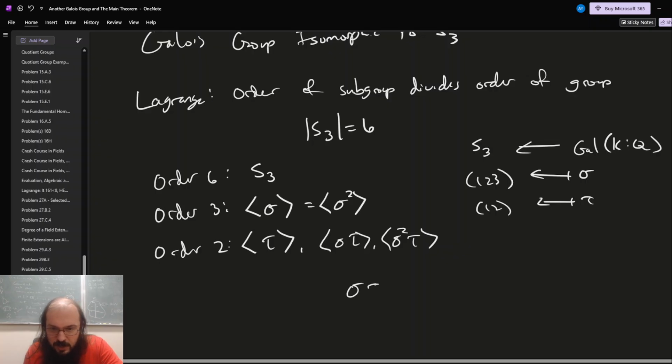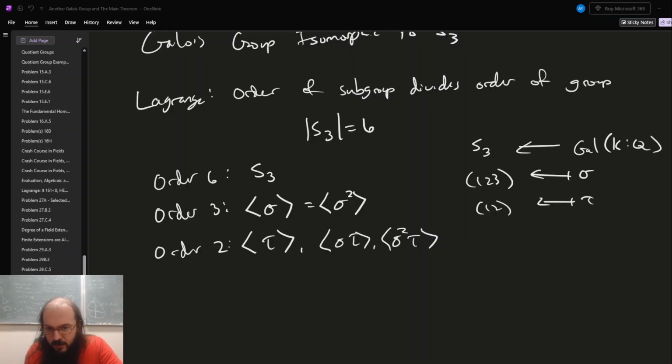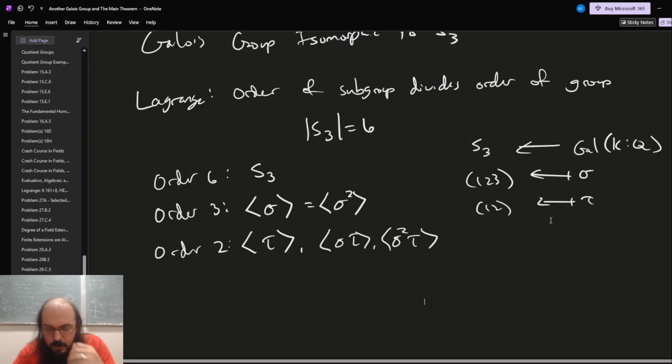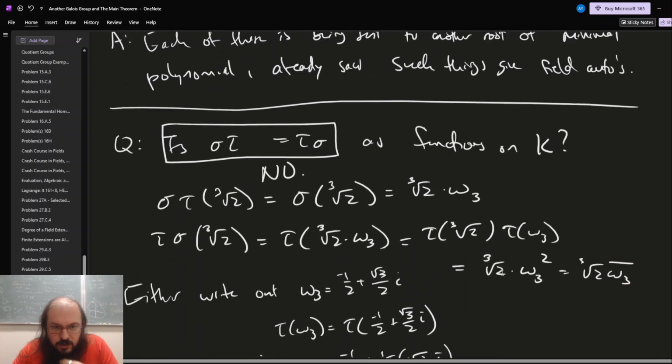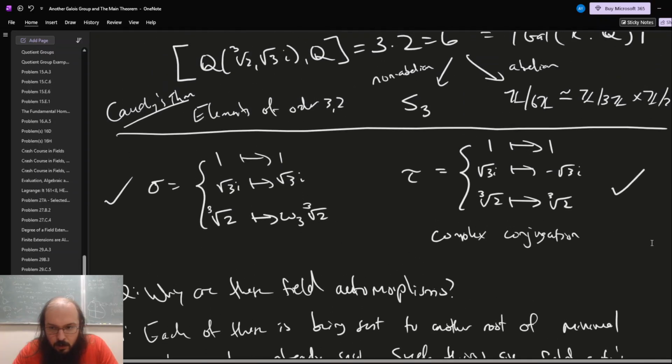In other words, I have to calculate that sigma tau squared is the identity function, and similarly for sigma squared tau. I think I'll just do it for sigma tau because sigma squared tau will be very, very similar. And the best way to do that is to use our description of sigma and tau that we gave up here. Let's see if we can copy this over.